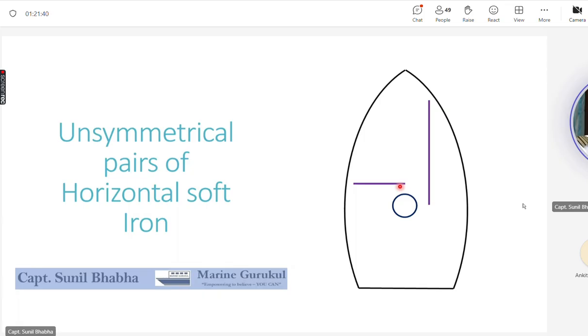This kind of a combination, if it is present on a ship, will generate coefficient A. Now, usually we do not see any kind of these structures on a normal merchant vessel. You will always have symmetrical HSI. So that is exactly the reason why coefficient A is absent on most of the normal merchant vessels.